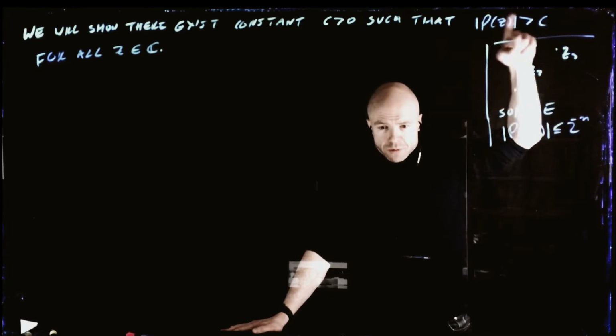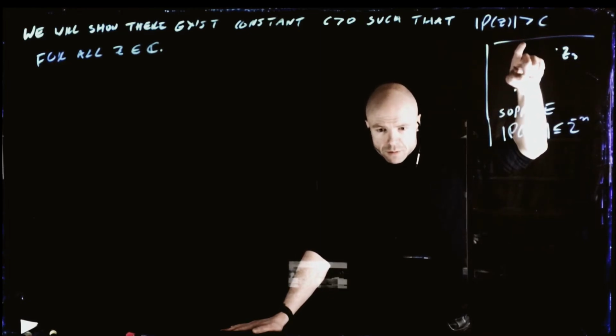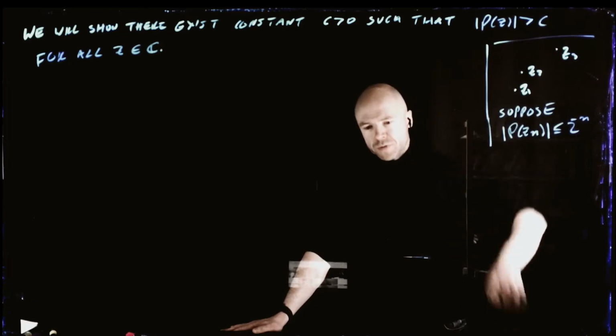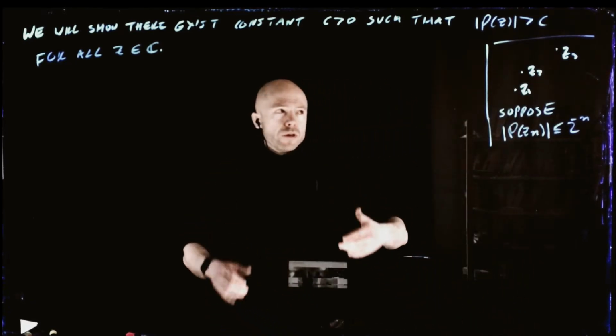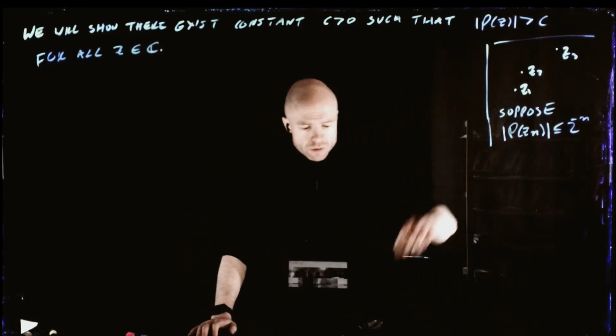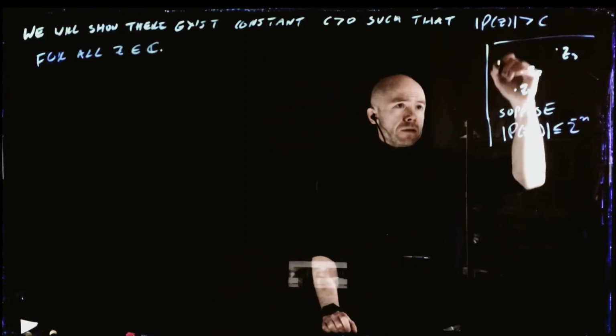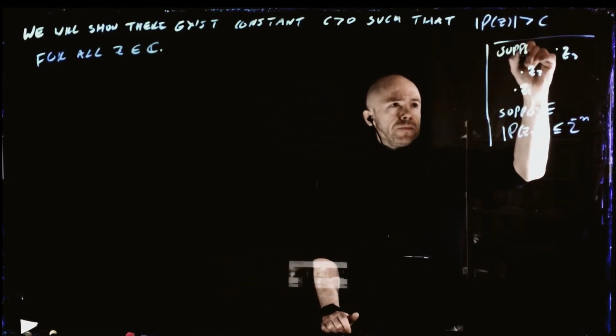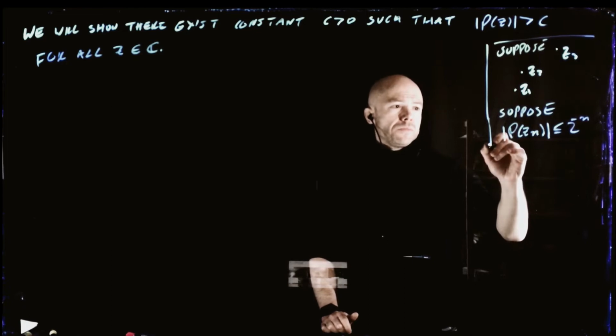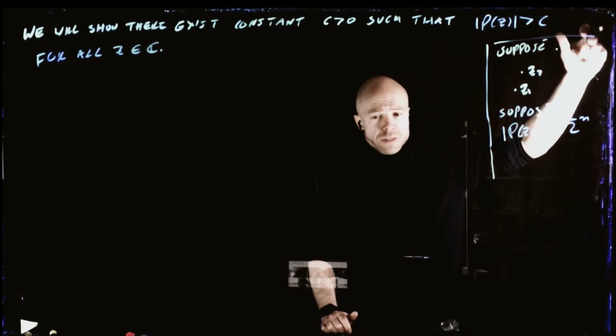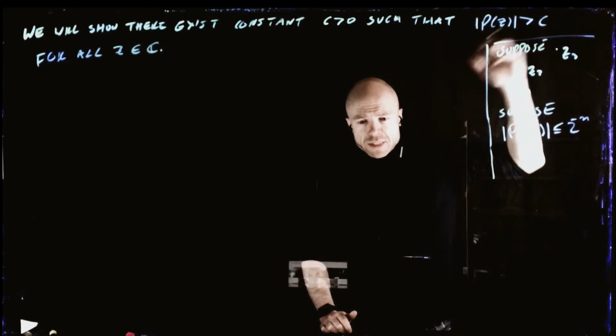It could go off towards infinity. Could it go off towards infinity? Is that possible? Is it possible that we have a sequence such that this is true, and suppose these points go off to infinity? Is that possible?